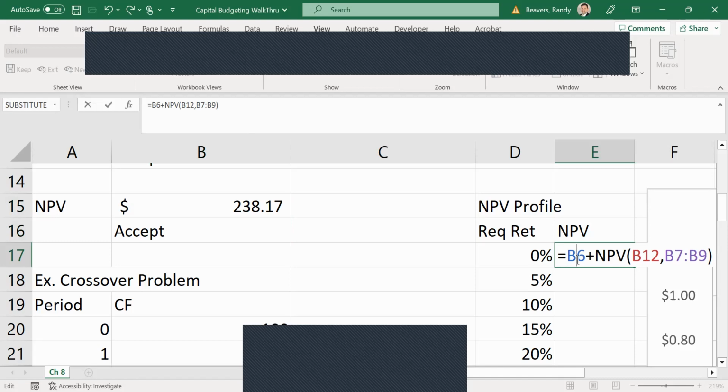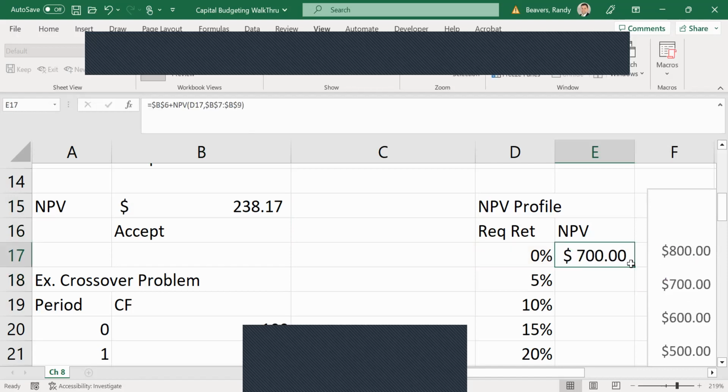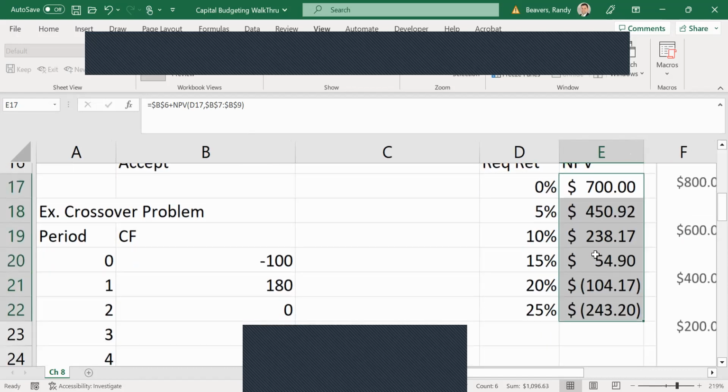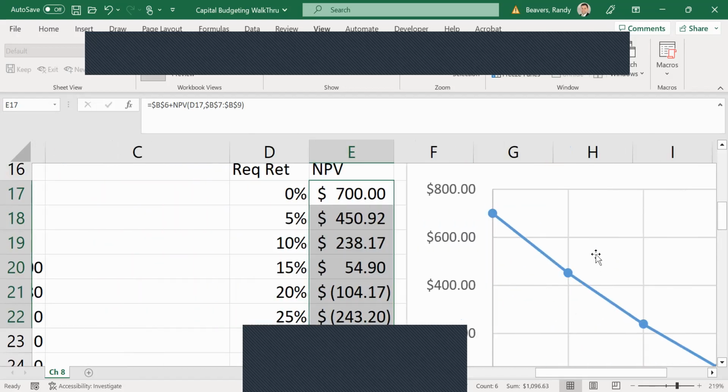I will anchor the cash flows. And then let the rate change. So you can see that generates it just for one project.